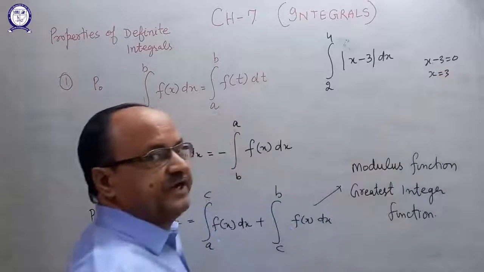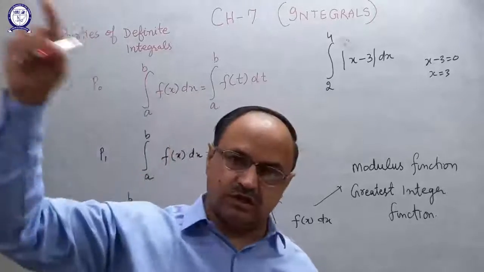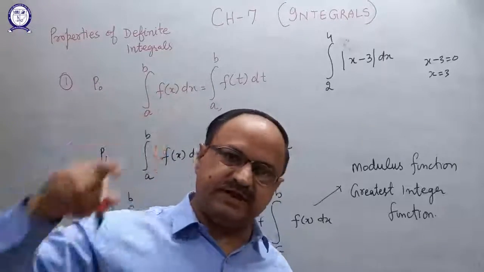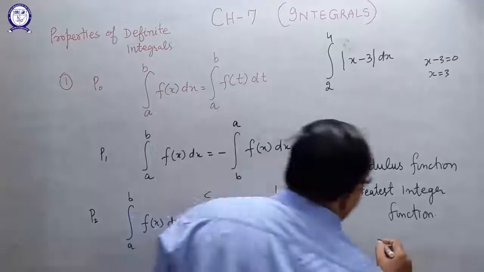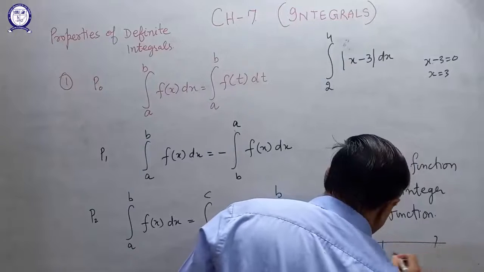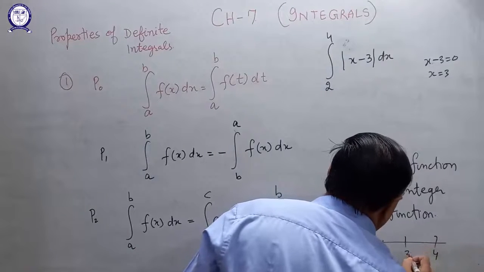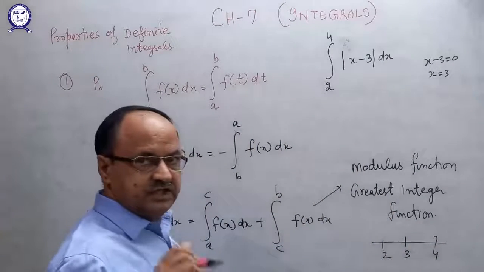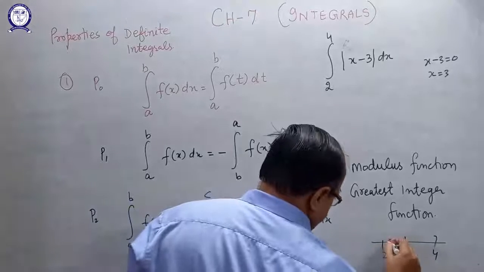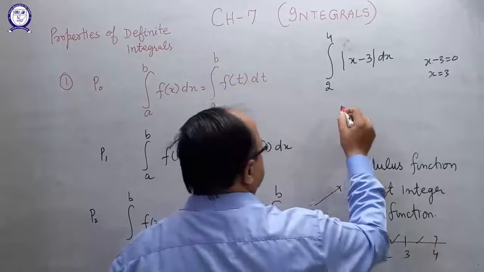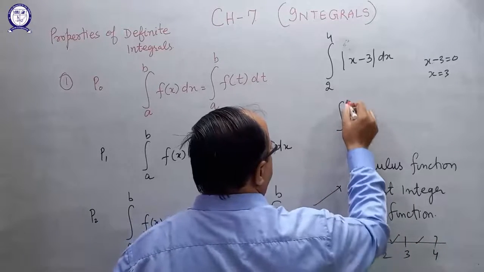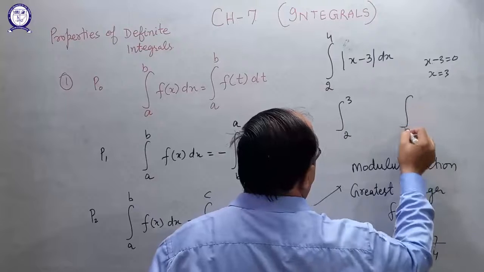It means 3 is the breaking point. Your limit is 2 to 4, and the breaking point is 3. Then there are two intervals, that is 2 to 3 and 3 to 4.